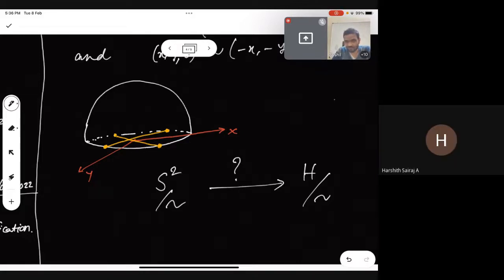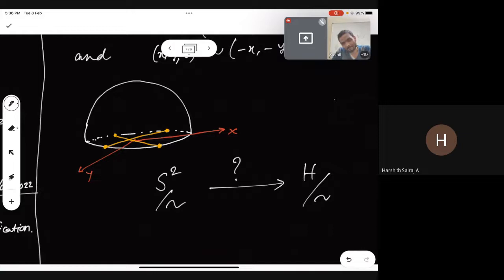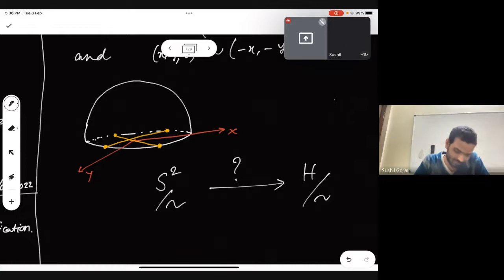Sir, x, y, z goes to mod x, mod y, mod z. Why is that so? No. x, y, z goes to just the z coordinate with mod, so just make that positive. Okay. All right.